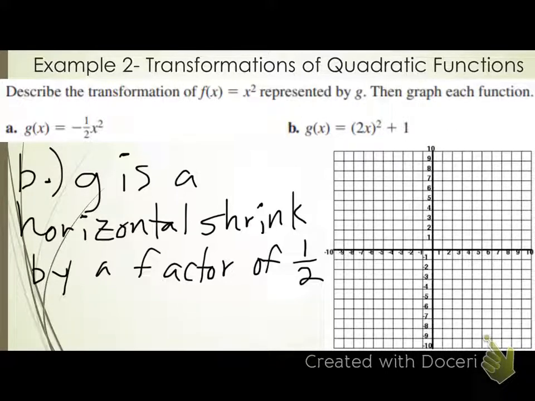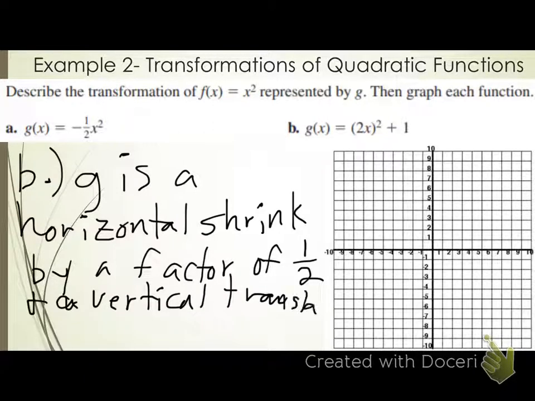So g is a horizontal shrink by a factor of 1/2 and a vertical translation up 1 unit. Does everyone see that? Is that all the transformations that are occurring? Yes, they are. Questions on my explanation or my description on letter B?